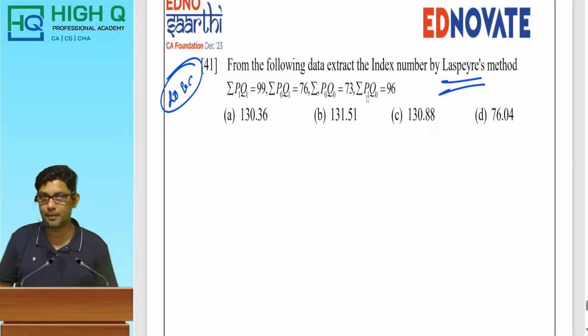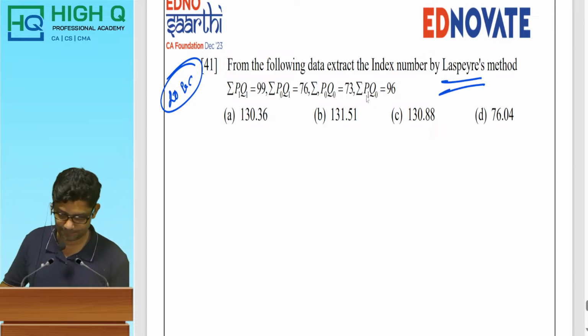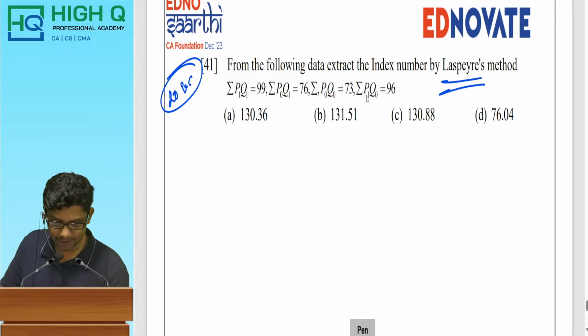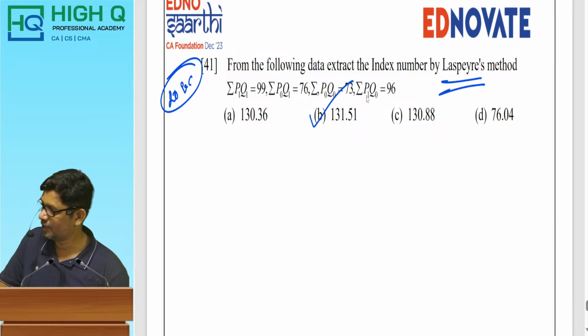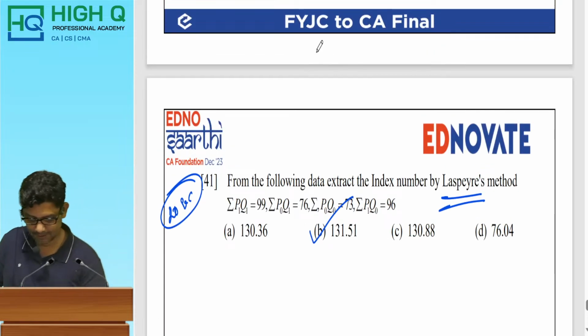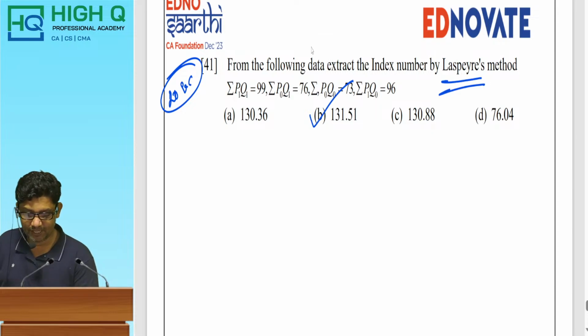Wow, people completed in 8 seconds. So 20 is too much. 5 seconds. Because, see, everything is given: 96 divided by 73 into 100.